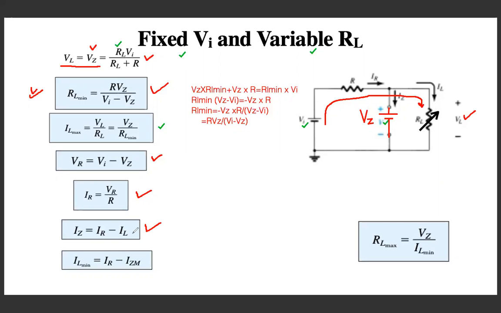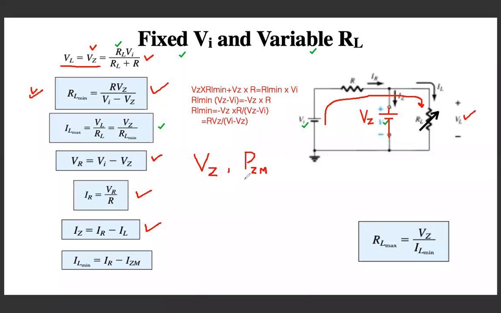Like what? The value of current through the diode is sometimes also given in the specifications of the Zener diode. That is the maximum value of current that the diode can withstand, and we can also calculate it. How? Because VZ is given to us, and one more thing is given to us, PZM, that is the maximum value of the power that the Zener diode can withstand.